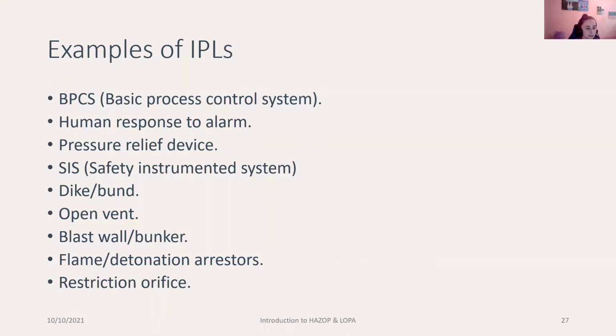And it must be capable and available at least 90% of the time. Also, the safeguard must increase the risk reduction factor, which is the opposite of the probability of failure on demand, to a value greater than or equal to 10. So this is our IPLs.